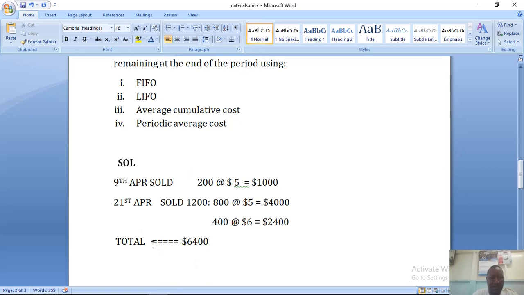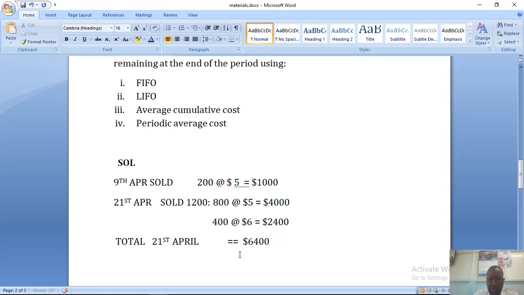That's the total for 21st April's issue. So there we are, that's the 6,400.